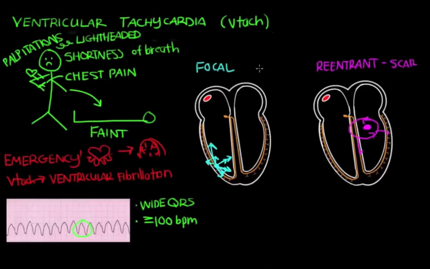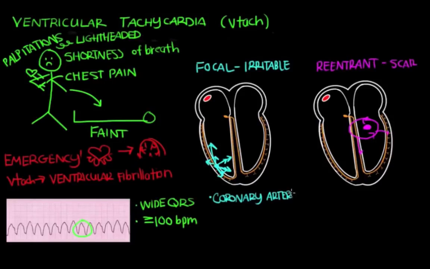Now, when thinking about risk factors for VTach, let's think about the 2 types. So remember, in focal, you have some sort of irritable cell. What causes general irritability of ventricular cells? Well, a classic example is coronary artery disease. In coronary artery disease, blood vessels over time get clogged. And these are the vessels that supply the heart with oxygenated blood.